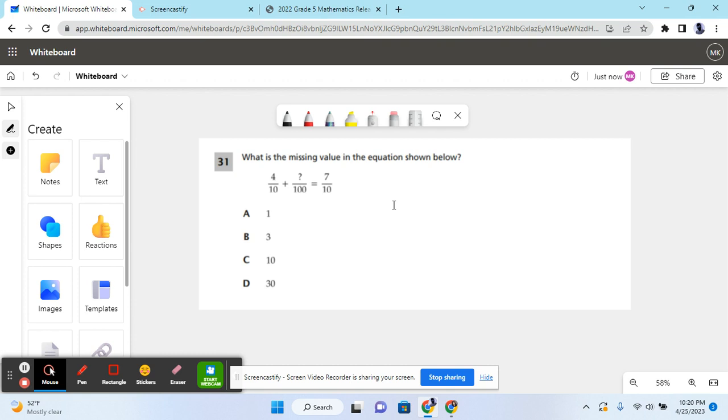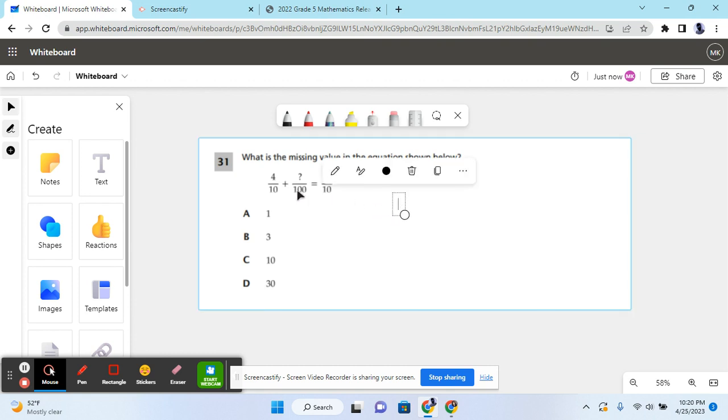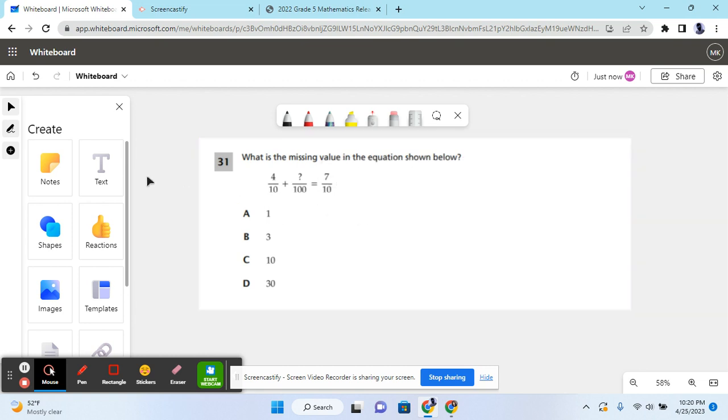You might have learned it a while ago. And a number family for this equation over here is 7/10 minus 4/10 equals question mark over 100.